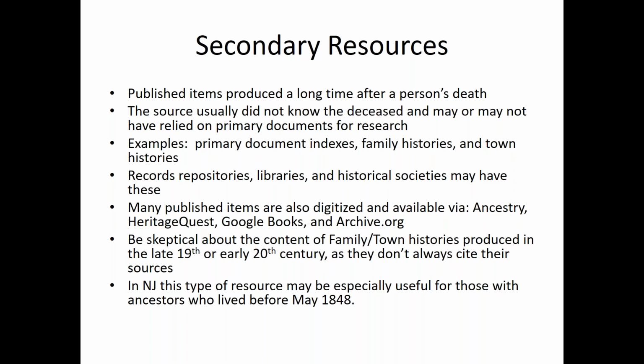So many of the items produced are out of copyright coverage. So many of these published books are now digitized and available online on subscription sites like Ancestry and Heritage Quest, and also freely available on the web on resources like Google Books and archive.org.